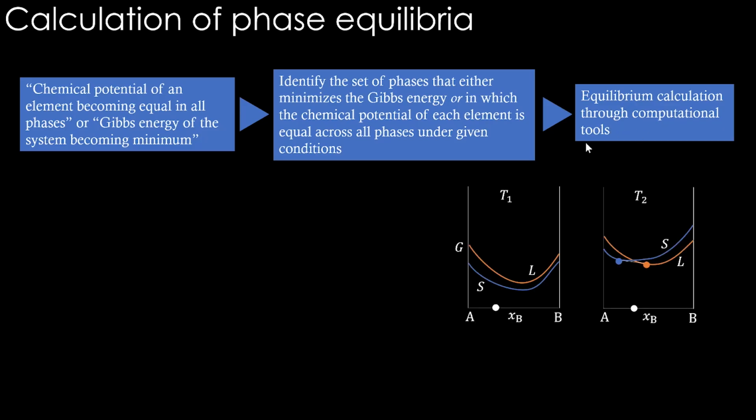If you remember these two Gibbs energy curves, here at one temperature solid is stable throughout, here at another temperature solid is stable only for a small region and liquid is stable only for a small region. Both solid and liquid are stable for a small region, right? Eventually in both the cases we are figuring out this minimum Gibbs energy envelope. This is what we need to calculate when we do the equilibrium calculation, right?